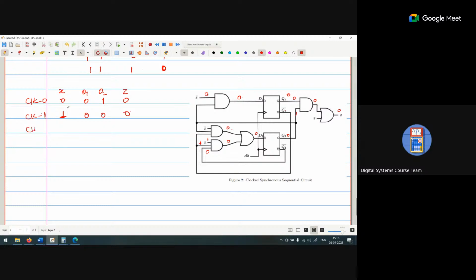Now with clock 2, X is 0. Again X is 0 because with every clock pulse X varies. So it becomes a 1, and it becomes a 0. So here we are getting 0. This one becomes Q2. So Q2 is 0, so it becomes 0.